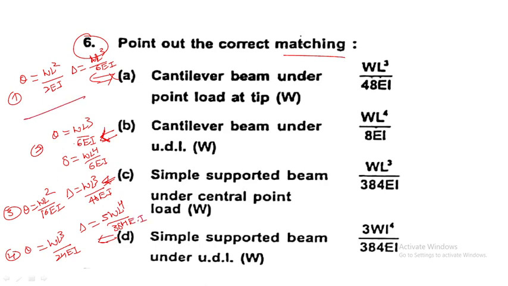I have written them separately, so you can go through that and understand everything about this question. The correct option is this one, the second one. I think this is 8 EI. I have written 6.